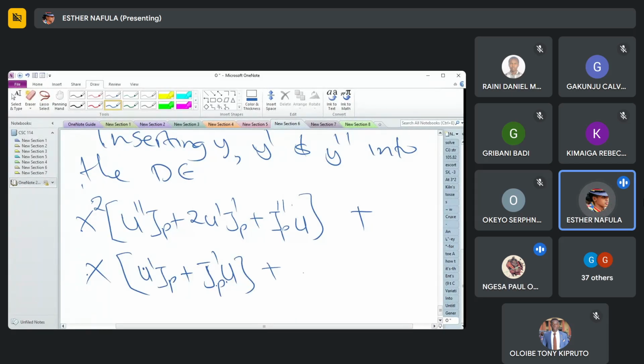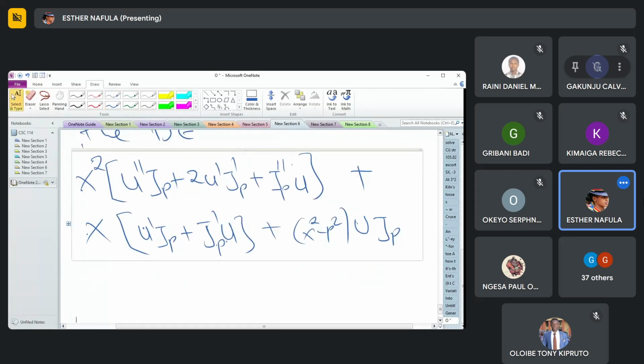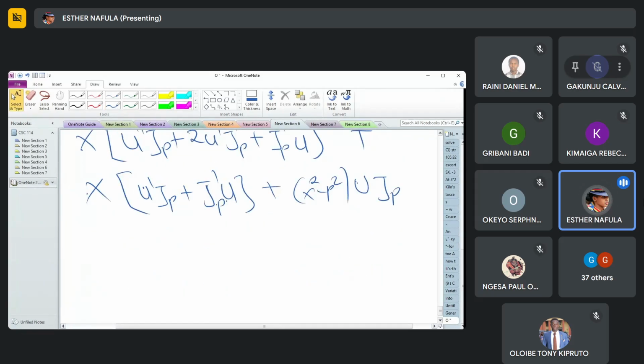Plus (x squared minus p squared) times y. y is u Jp. Let's distribute the x squared in the first bracket, distribute the x in the second, and then distribute the u Jp to the third bracket. What do we have?